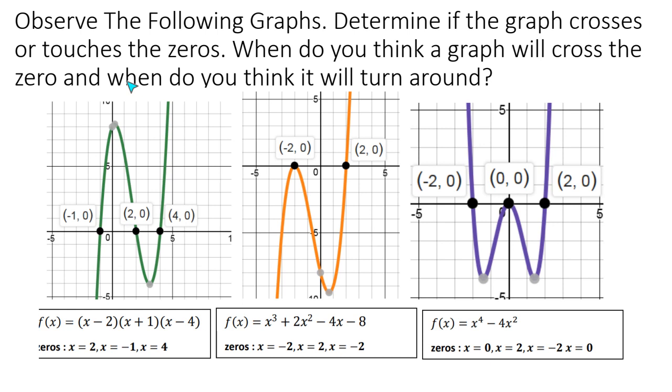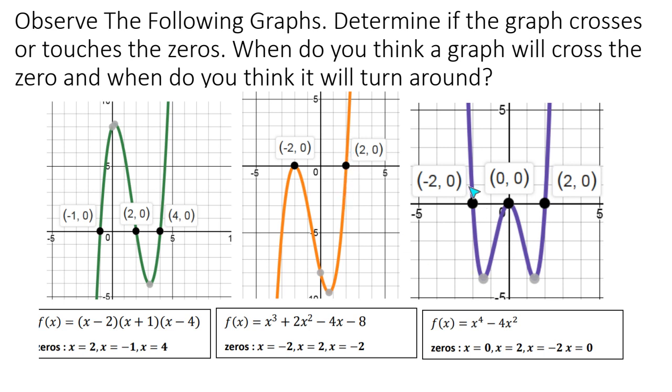Another thing that we want to look at is when or how do we know if a graph is going to cross like it's doing here? Or when do we know if the graph is going to touch the x-axis and turn around? So notice here, this one touches and turns, but this one just goes right through the x-axis.